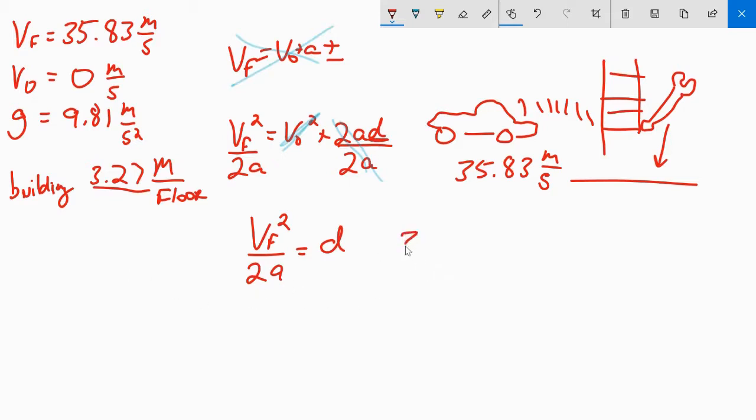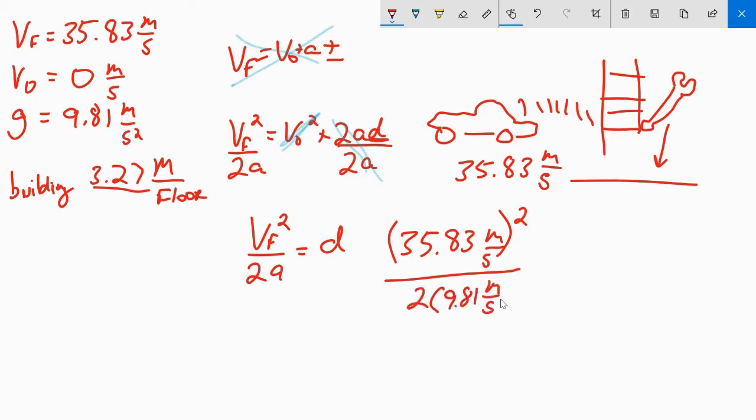So let's see, 35.83 meters per second, all of this squared, divided by 2 times 9.81 meters per second squared. Okay, what's that going to leave us with? Well, when we square meters and seconds, we get meters squared per second squared.